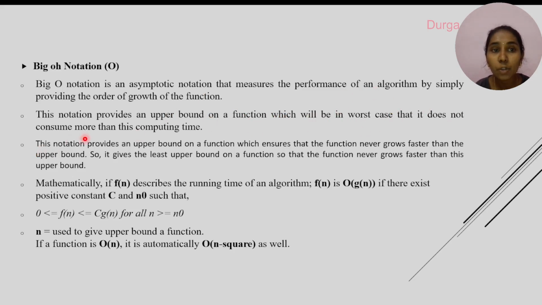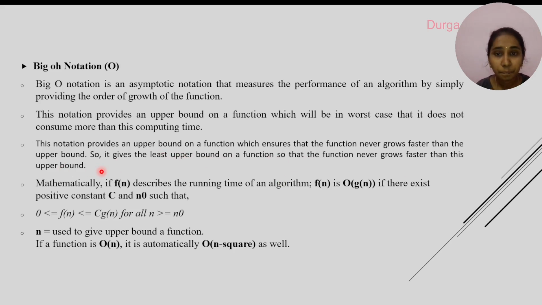It does not consume more than this computing time. It ensures that the function never grows faster than the upper bound, so it does not grow beyond that. It gives the least upper bound on a function.